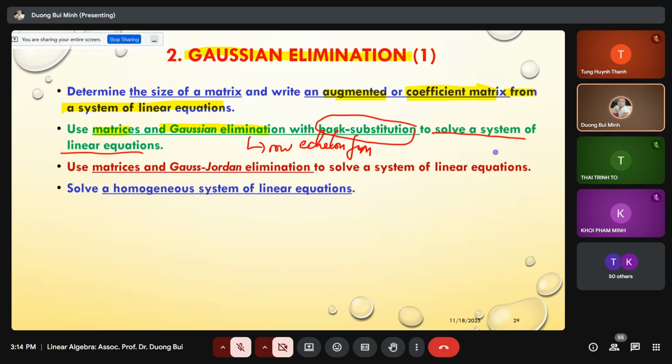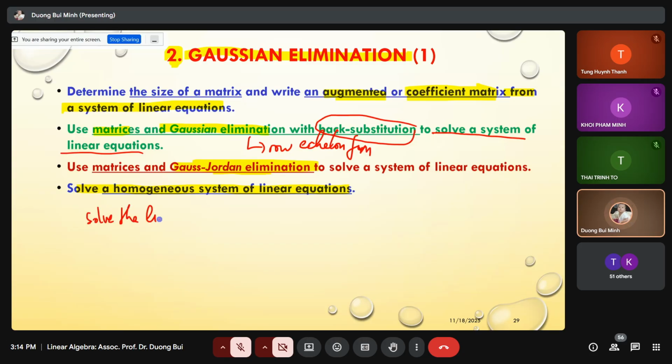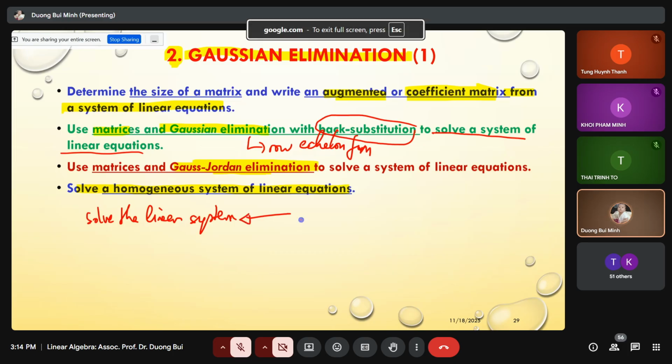And then we also study Gauss-Jordan elimination. What is Gauss-Jordan elimination? What is Gaussian elimination? And how to solve a homogeneous system of linear equations. So this is the content of session 2. Let me summarize for you. If you would like to solve the linear system, we need the row echelon form.